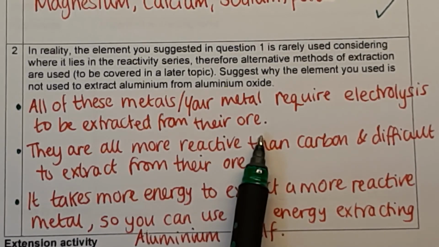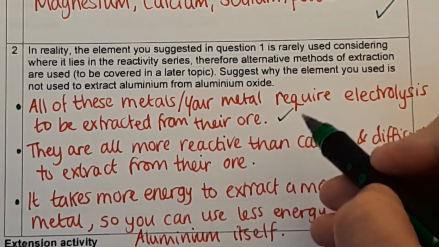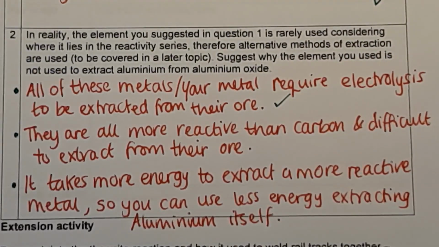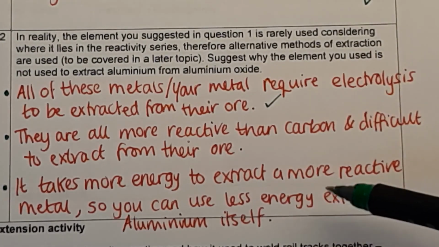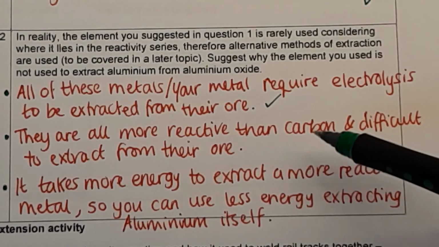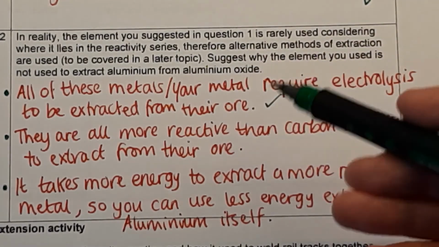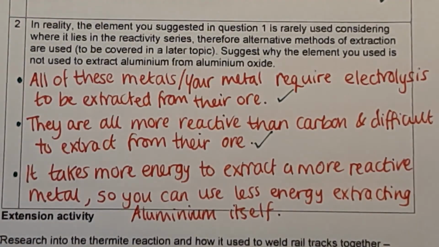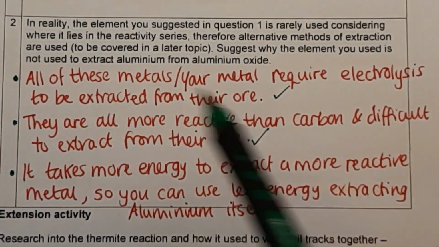So you can have a mark if you said something along the lines of the metal that I've suggested needs electrolysis to be extracted from its ore. You can also say that your element, your metal, is more reactive than carbon and difficult to extract from its ore, so it doesn't make much sense to use it then to extract a less reactive element. Or you could say that it takes more energy to extract a more reactive metal, such as magnesium, calcium, sodium, potassium.